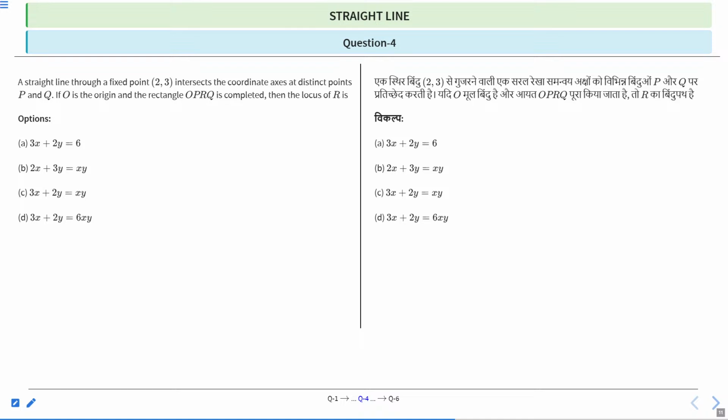After that you can replace h with x and k with y. You have 10 seconds to solve or think about this question. After 10 seconds we will discuss the solution.